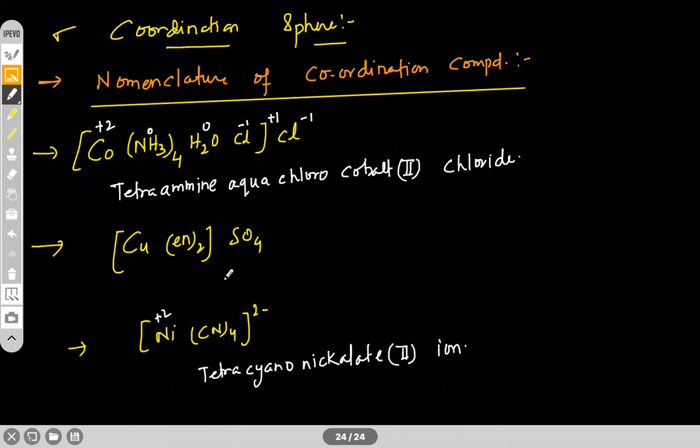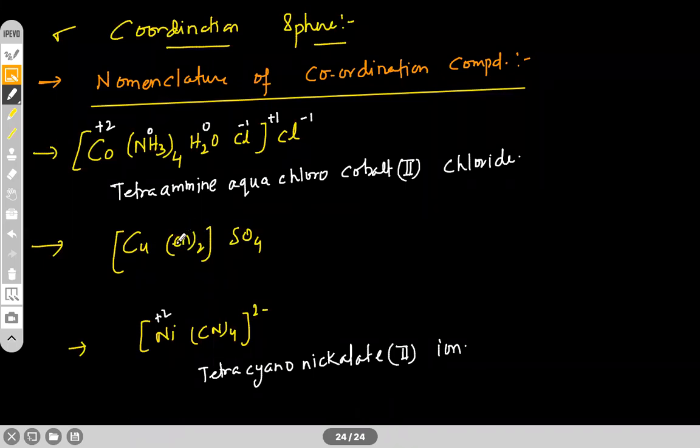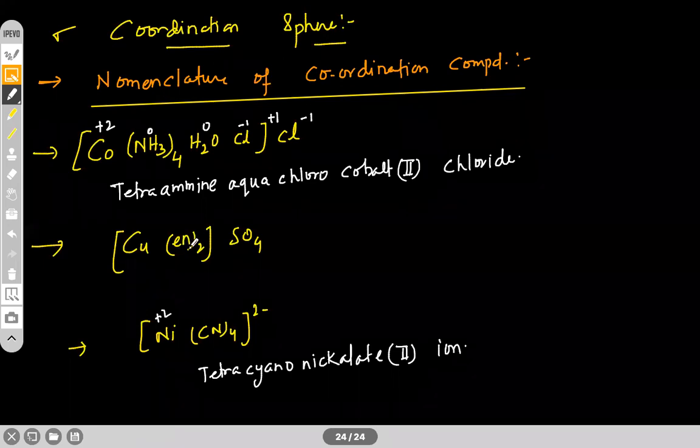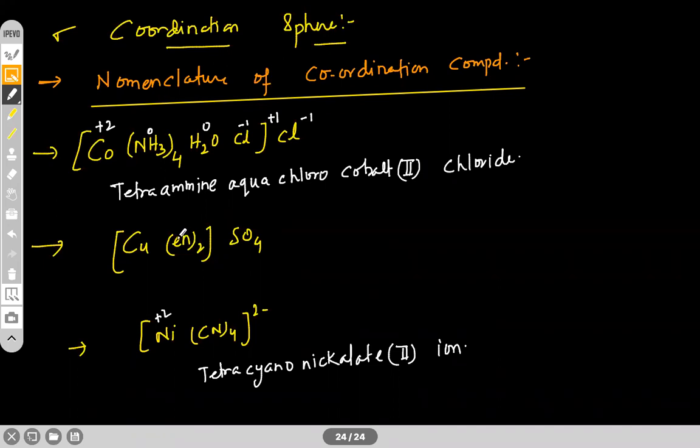Now this one you see the bis, tris rule will be used over here. The name of this ligand is what? Ethylene diamine or ethane 1,2 diamine. Okay. So the name of the ligand already contains the di term with it, like ethane 1,2 diamine.